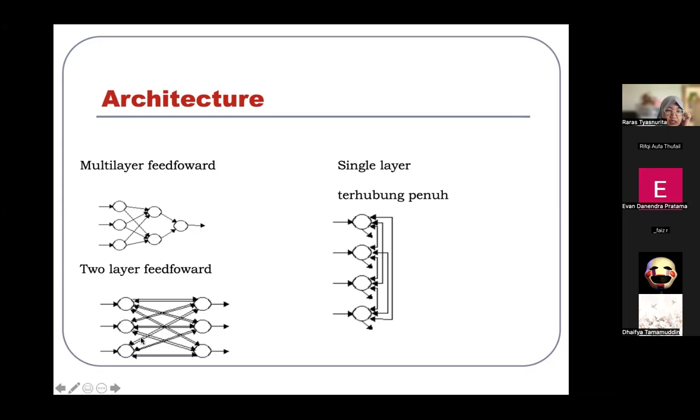Or there can be two hidden layers here: there is input, the first hidden layer, the second hidden layer, and then output. Or we can have a single layer. The common one is the multi-layer feed forward.